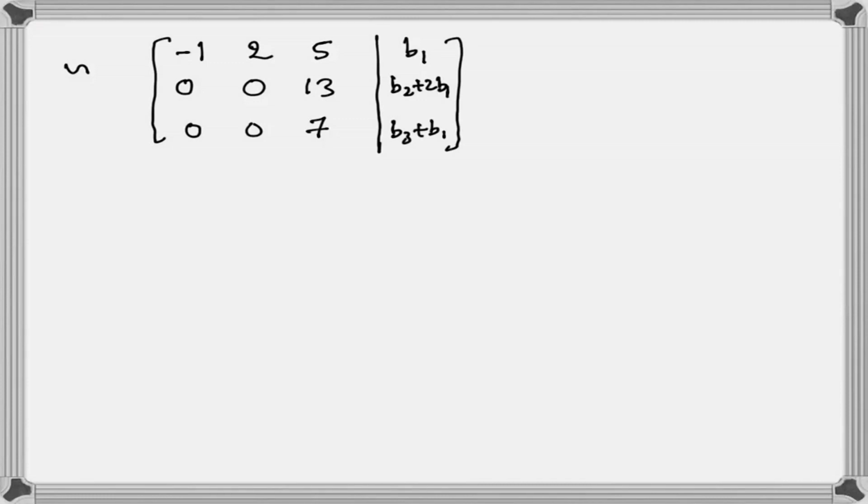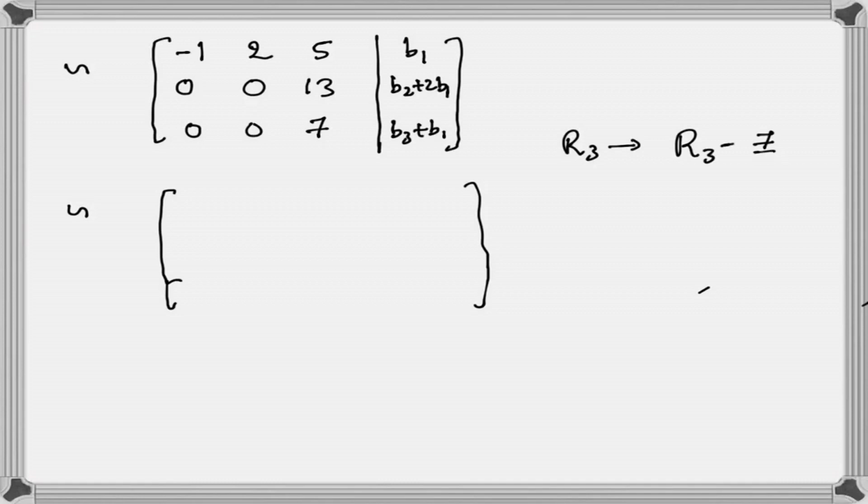Now we need to reduce it further because so far we cannot say anything about the rank of these matrices. So now I will apply r3 goes to r3 minus 7 by 13 R2. So minus 1, 2, 5, b1, 0, 0, 13, b2 plus 2b1, no change.